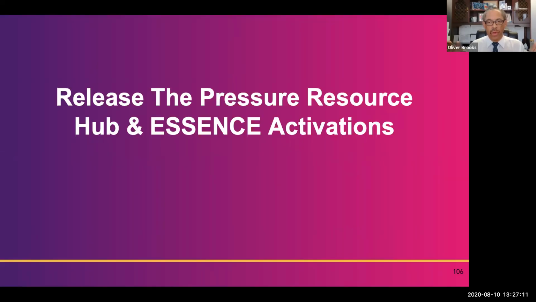Okay, so this program is funded by the AMA Foundation. So the AMA has committed. It's a 3-year project. We, the NMA, have signed an MOU for 1 year, and then it will be renewed for years 2 and 3. And what has happened is the plan hired Essence Magazine.